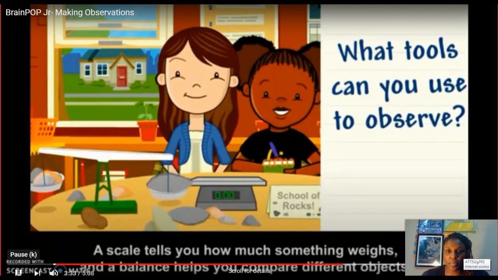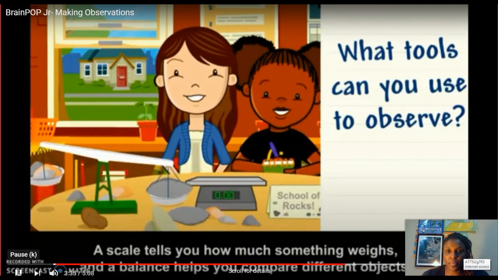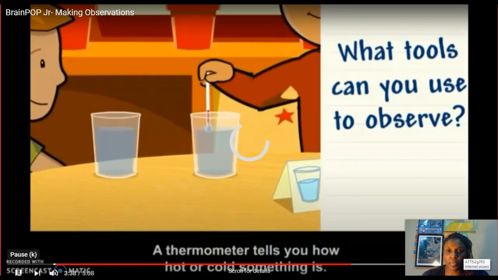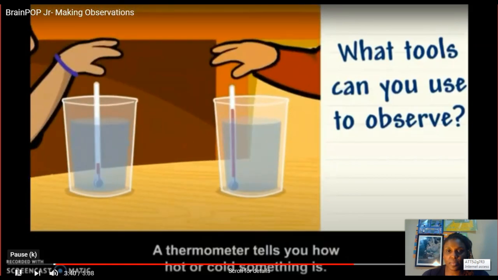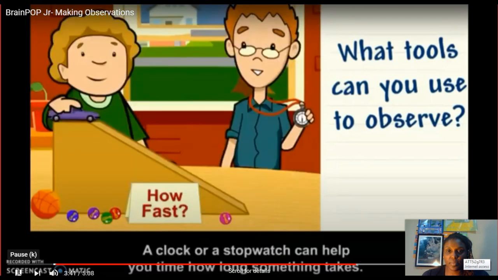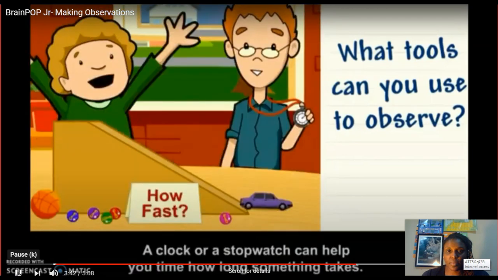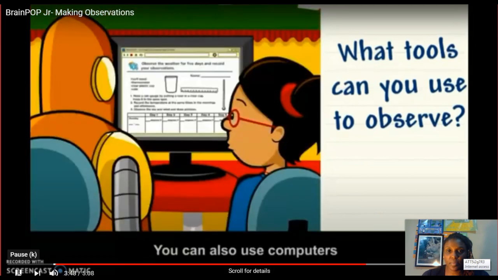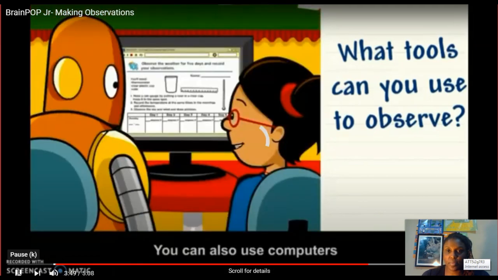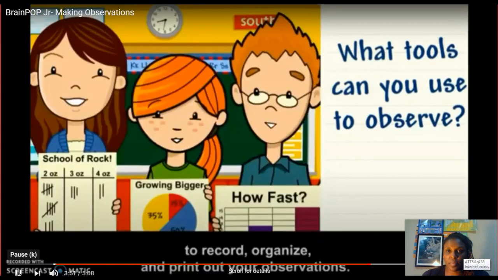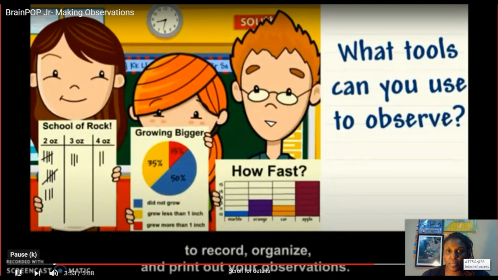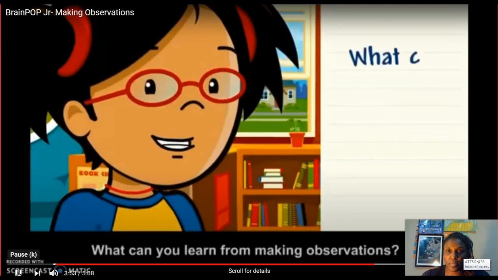Scale tells you how much something weighs, and the balance helps you compare different objects. A thermometer tells you how hot or cold something is. A clock or stopwatch can help you time how long something takes. You can also use computers to record, organize, and print your observations.